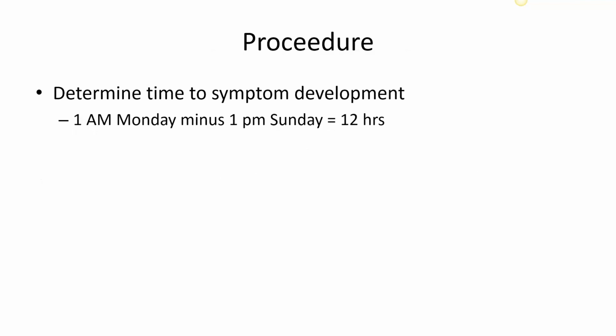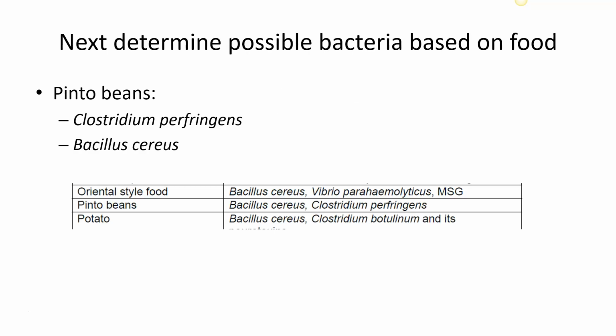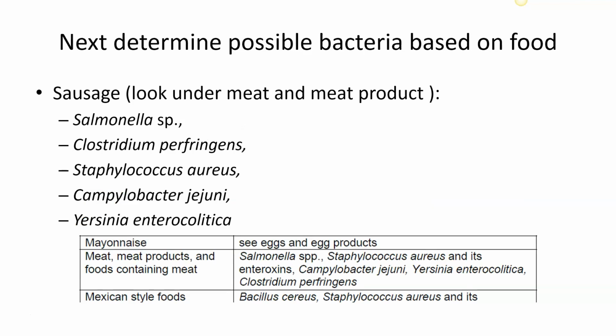Now, what do they do next? It says procedure. Determine time of symptom development. 1 a.m. Monday minus 1 p.m. Sunday equals 12 hours. Next, determine possible bacteria based on food. We had pinto beans, and pinto beans gives us a possibility of Clostridium perfringens or Bacillus cereus, right? And for sausage, it says look up under meat product.